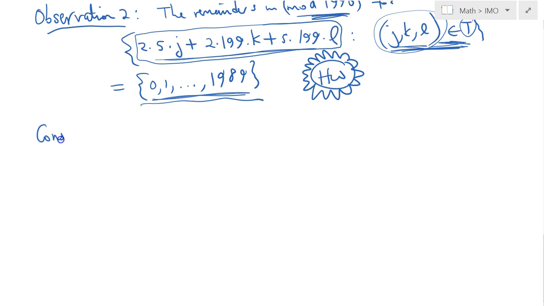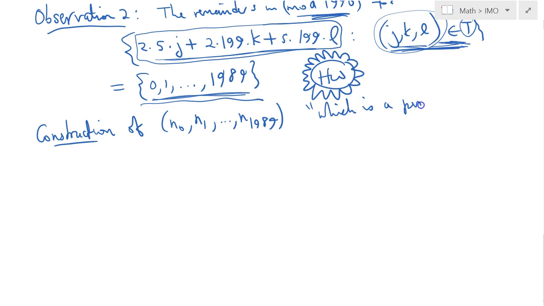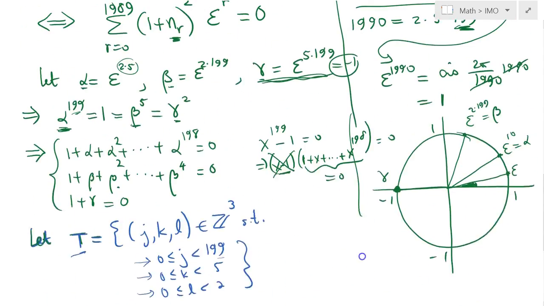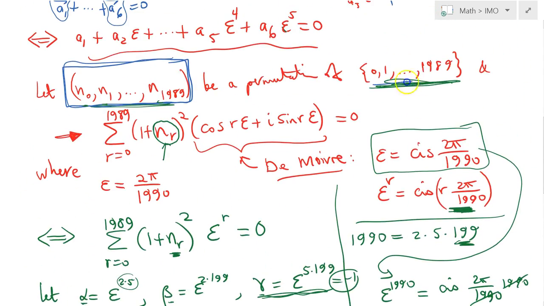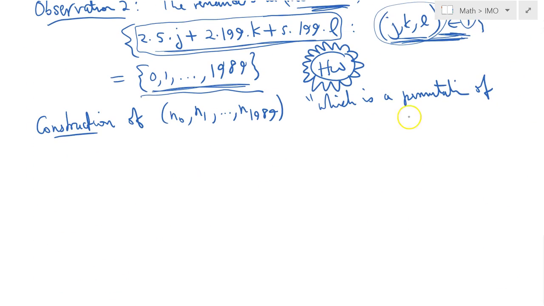So the construction of this set n0, n1, all the way to n1989, which, you recall, is a permutation of the numbers that we just said: from 0 all the way to 1989, the integers of the set 0, 1 all the way to 1989.